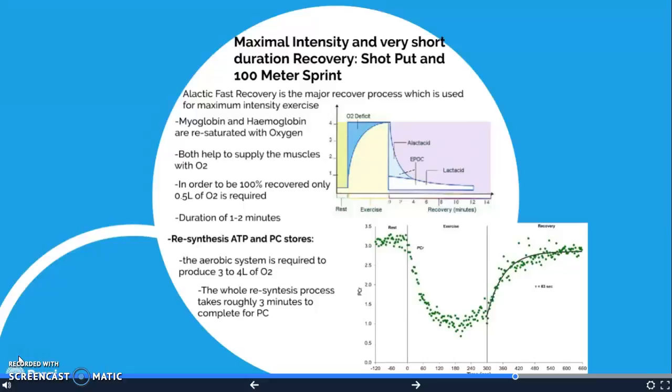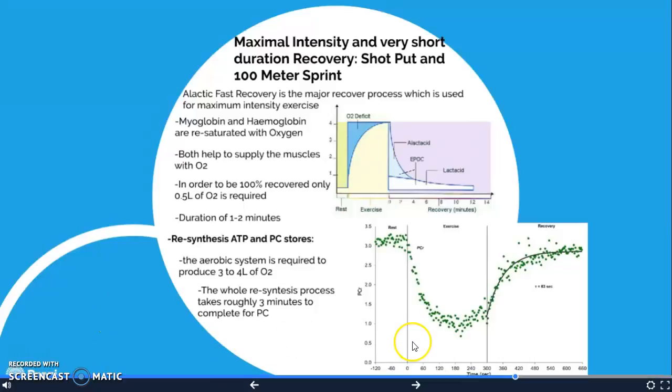And in order to do this, the aerobic system will have to make 3 to 4 liters of oxygen available for the body to use in this process, and this will take about 3 minutes.